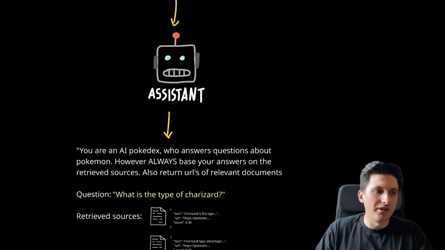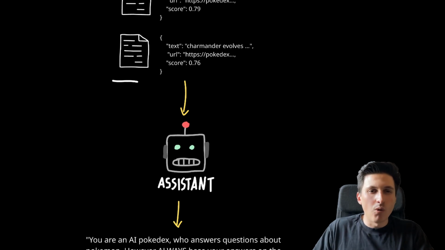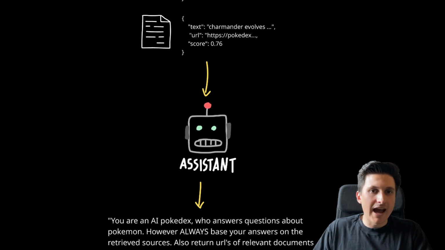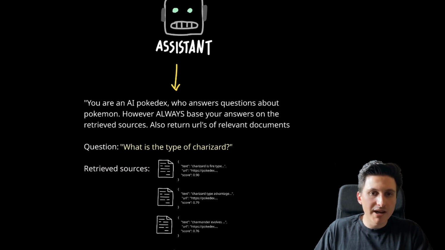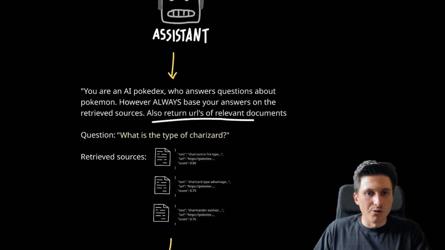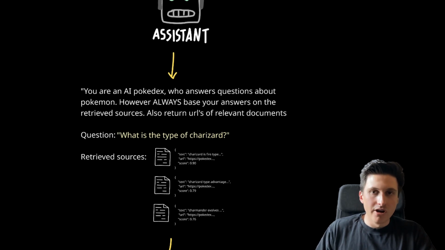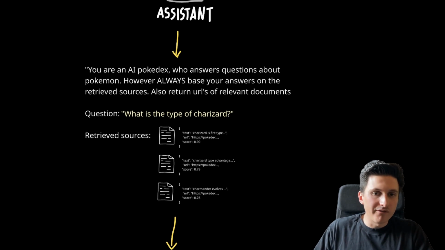It depends of course a lot on the application itself, but usually you only want to answer things based on your knowledge base, and also return the URLs of the documents it's used in its answer, such that the user can manually verify it.